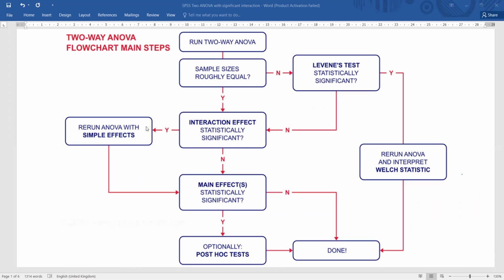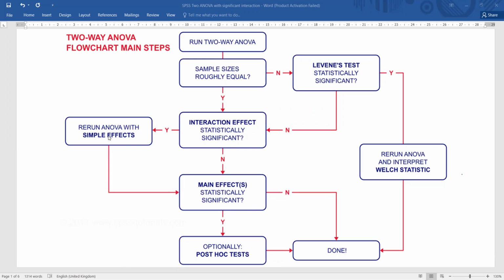Two-way ANOVA is meaningful to compare the main effects. The main effects are the effect of different medicines on the depression, and the effect of gender on the depression. So these are the two main effects, and we analyze them from the two-way ANOVA output if we have an insignificant interaction.